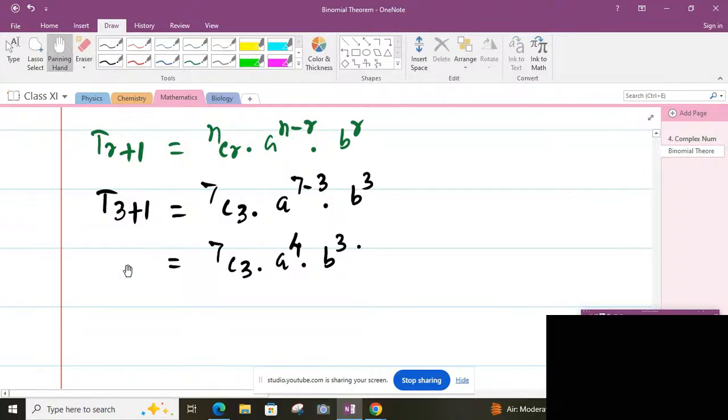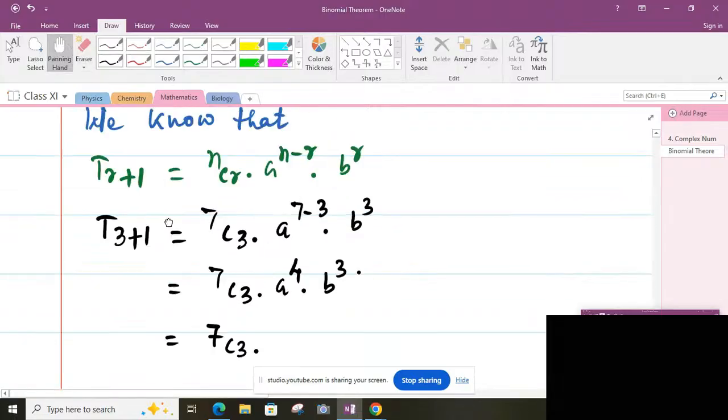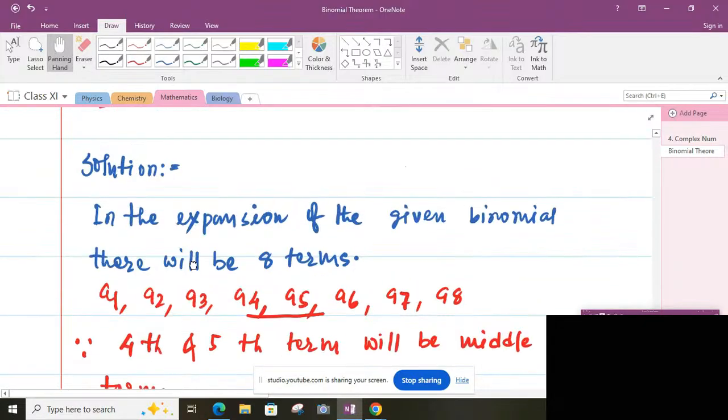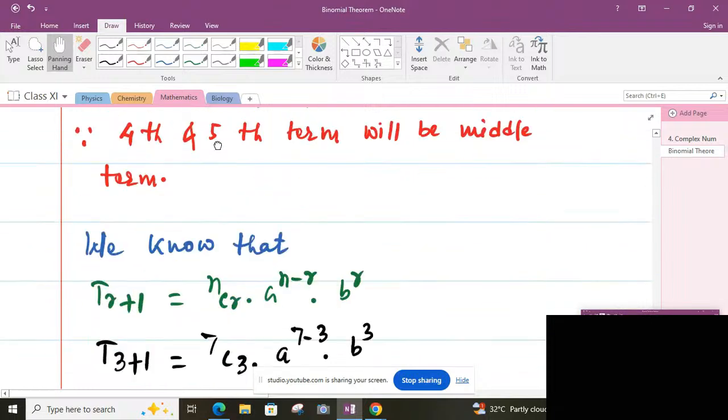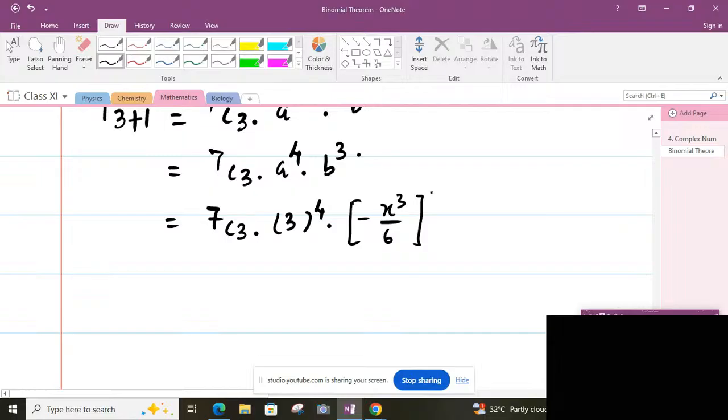Now putting the value of a and b, so here will be 7C3. The value of a is 3, so we write down here 3 to the power 4, and the value of b is minus x cube by 6 to the power 3.